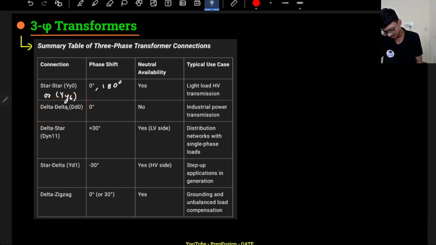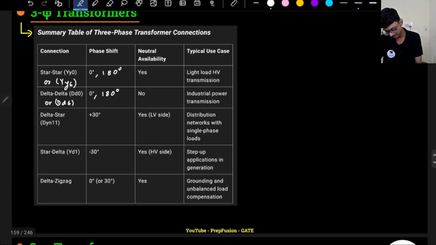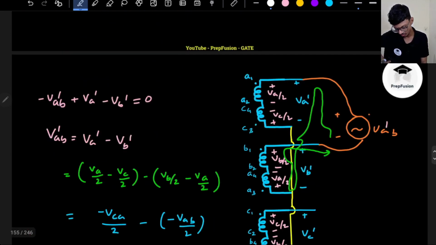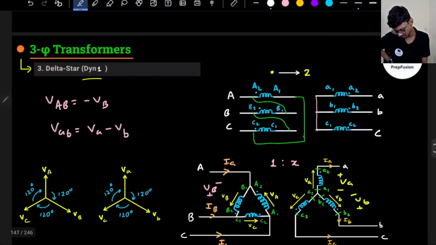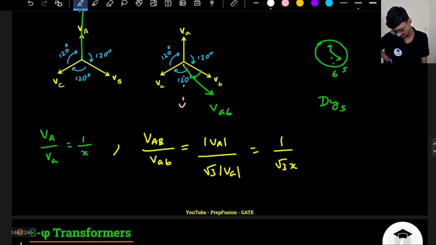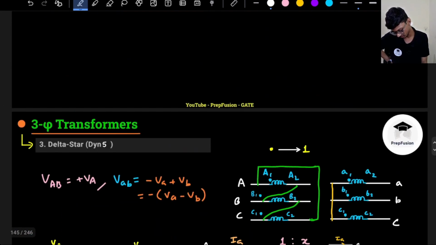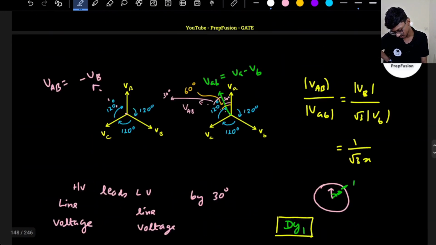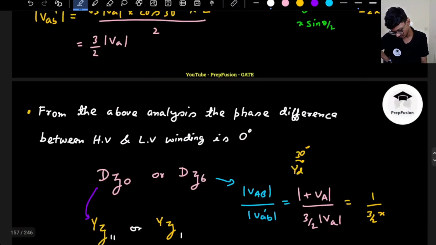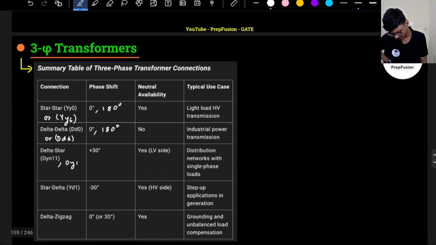For delta delta it will be either Dd0 or Dd6. Delta star, it will be either Dy11 or Dy5, or Dy1, if I remember. I also don't remember, just solve the circuits. Dy1 was there and Dy5 was also there. So all kinds of phase differences are there.